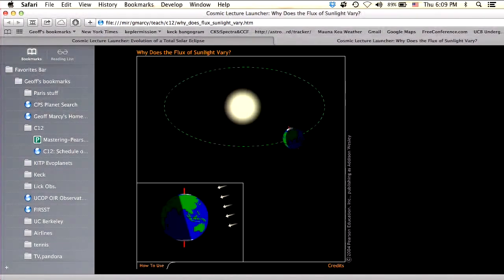And now we're heading into summer again, with the tilt axis pointed toward the sun. Here in this box down below, you're seeing the perspective of somebody living on the Earth and where the sunlight comes from, the angle that the sunlight hits us as you go through the course of a year.